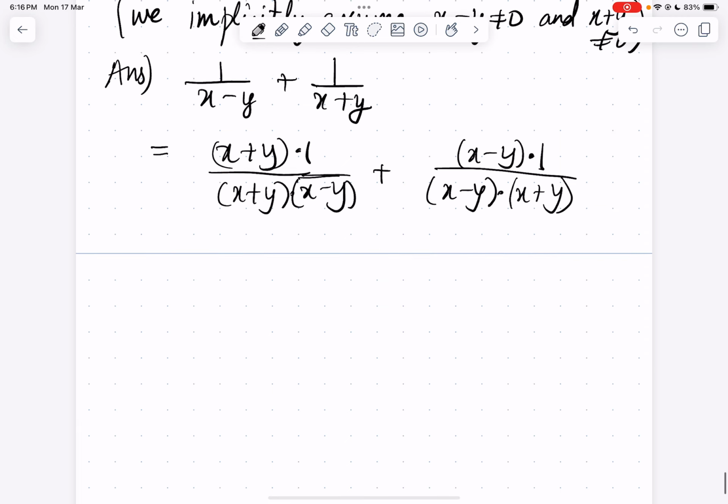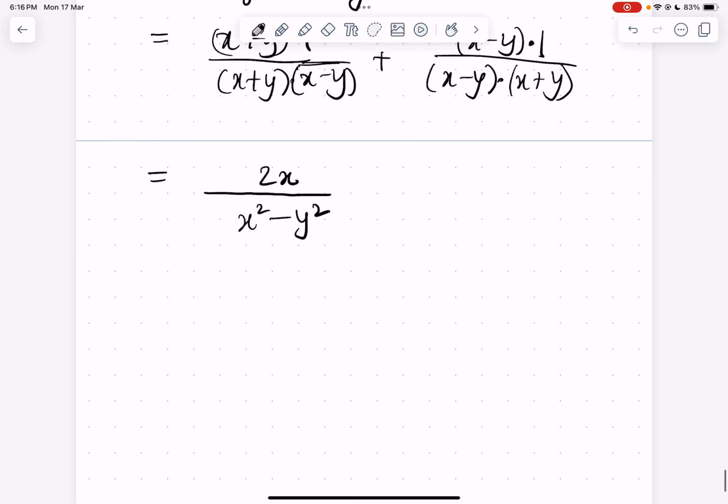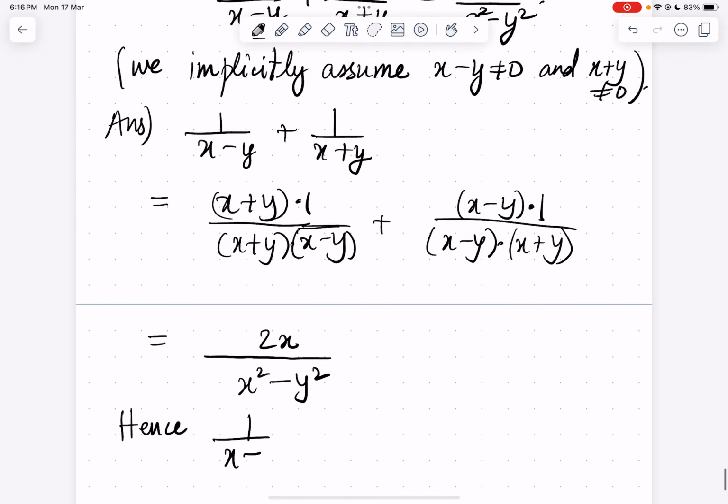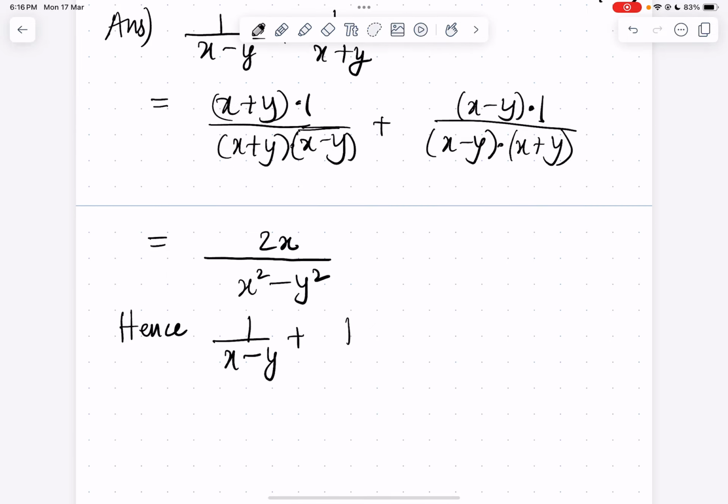Now they have the same denominator. The denominator is x square minus y square, and the sum of the numerators is 2x. Hence 1 by x minus y plus 1 by x plus y equals 2x by x square minus y square.